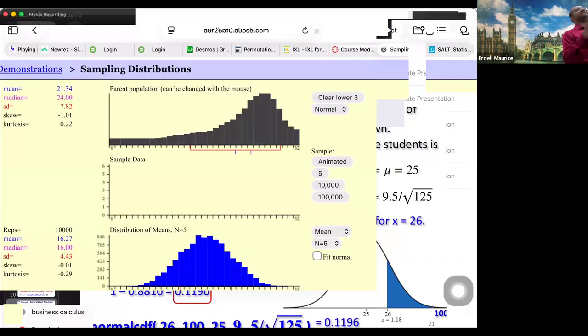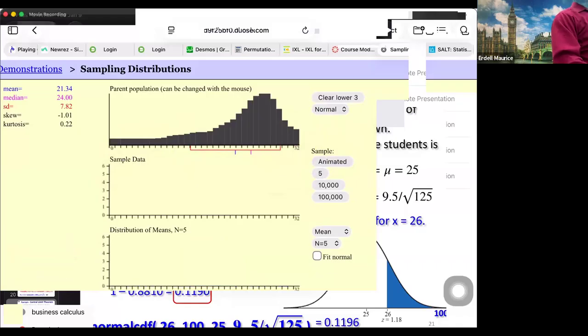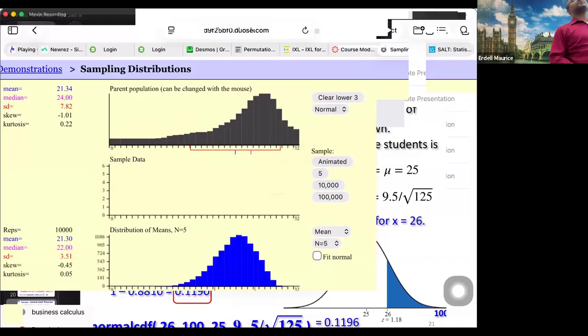Most people score between 70 and 80% on the test. Very few people do badly, and very few people get 100. But if I start taking groups of people, the distribution of the averages for students will still be normal.